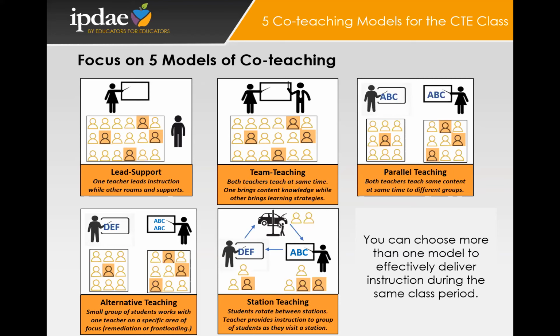And this could be to provide new instruction, to provide remediation or reteaching of a skill or concept, or even as an enrichment session. The task stations without a teacher could be something that the students can complete without the aid of an instructor. So in these stations, they can work independently, in pairs, or even as a group. Now remember, you can choose more than one model to effectively deliver instruction during the same class period.